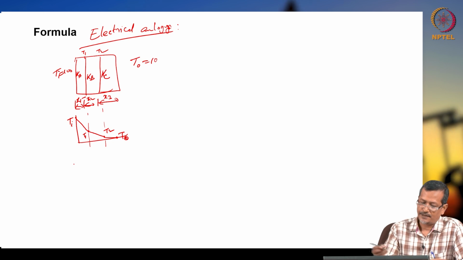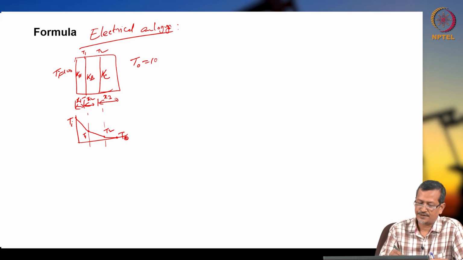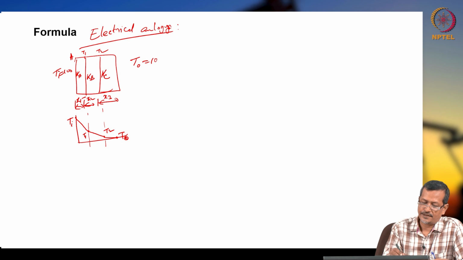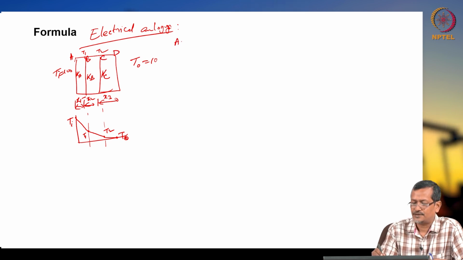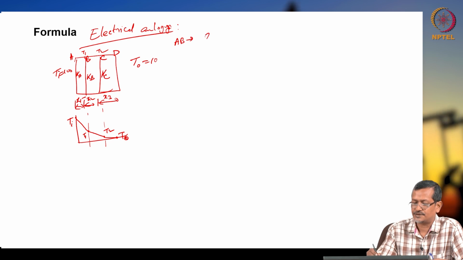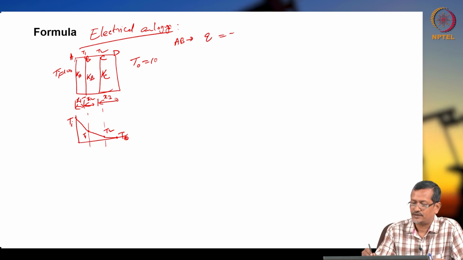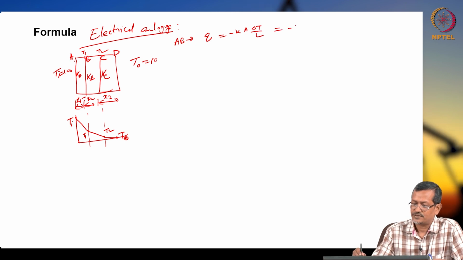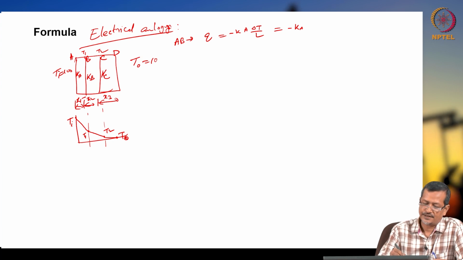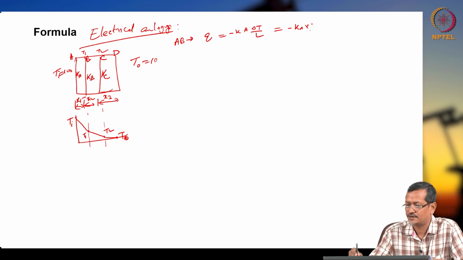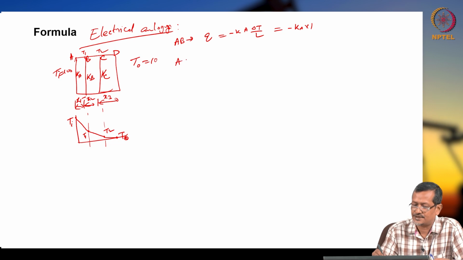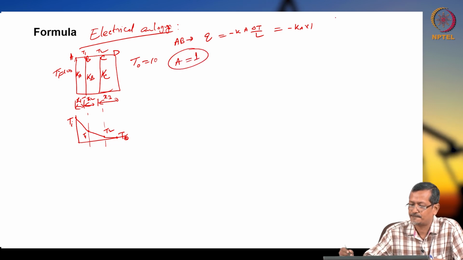Now, what is the heat transfer rate from A to B? QAB equals minus Ka delta T by L, equals minus Ka times area. Area we assume 1 for all cases, the surface area.